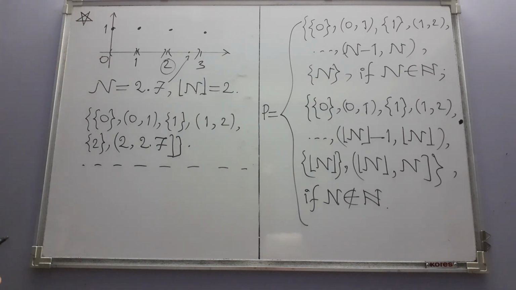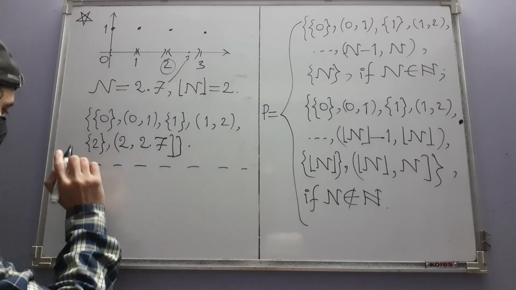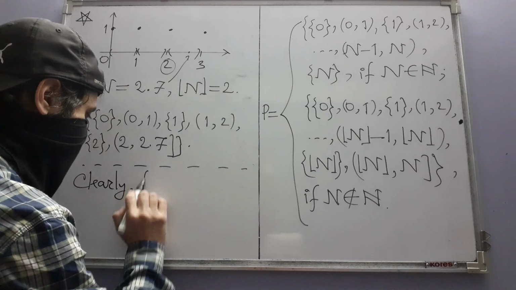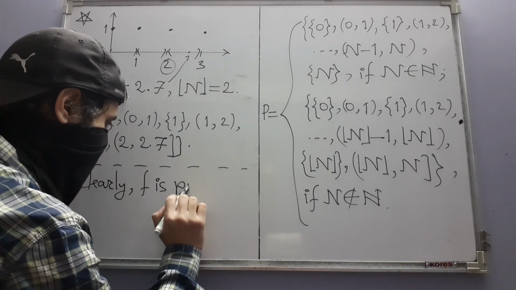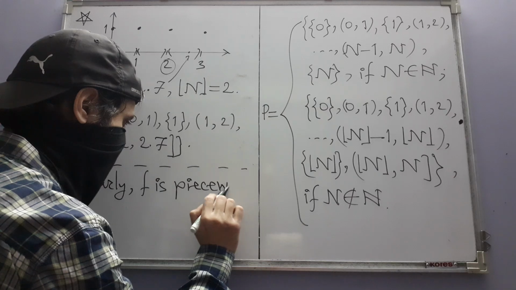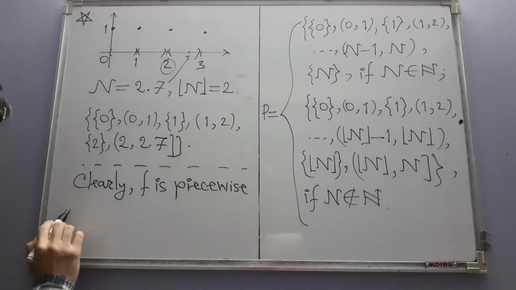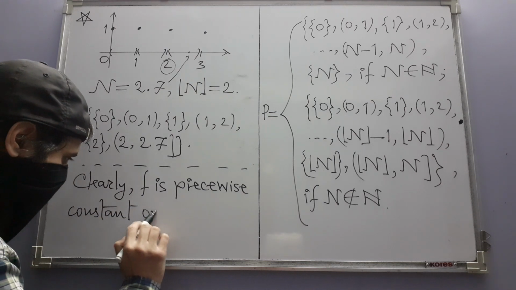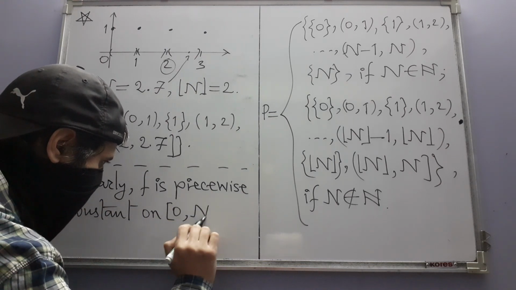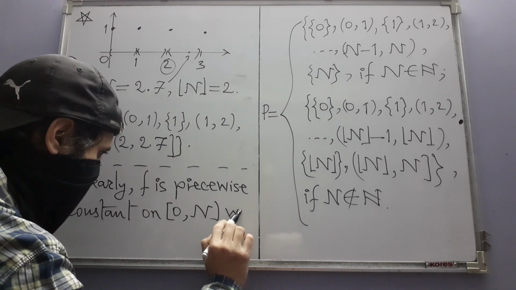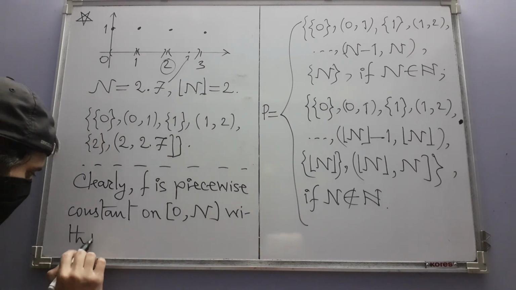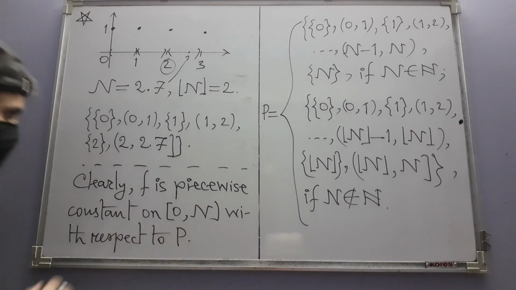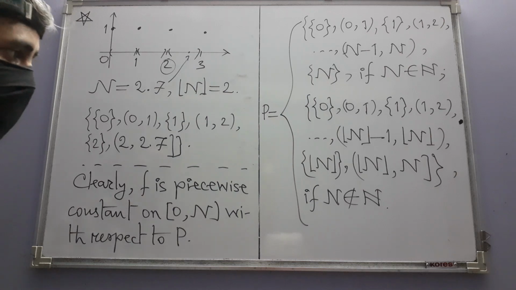Now, one thing that becomes immediately clear is this. Clearly, f is piecewise constant on [0, n] with respect to this partition P. Why?